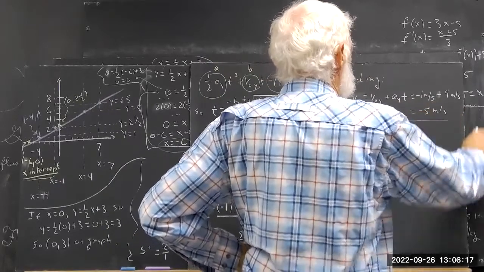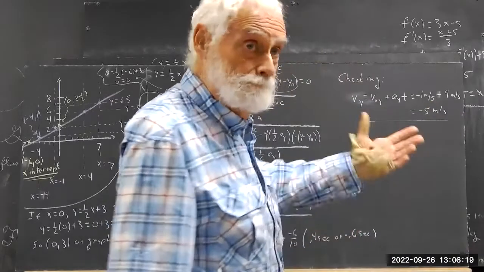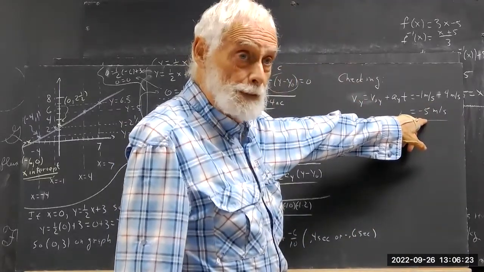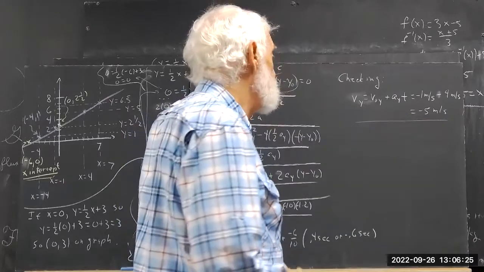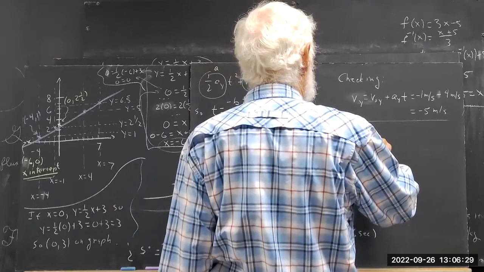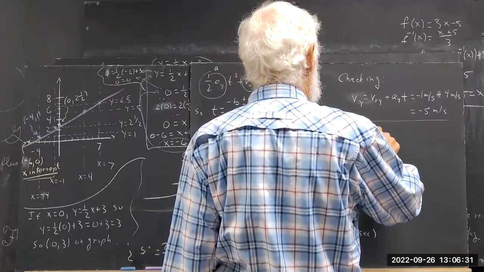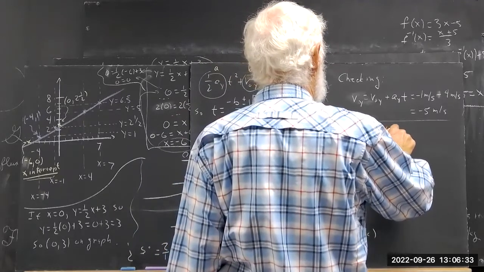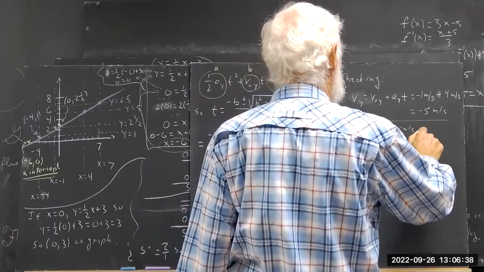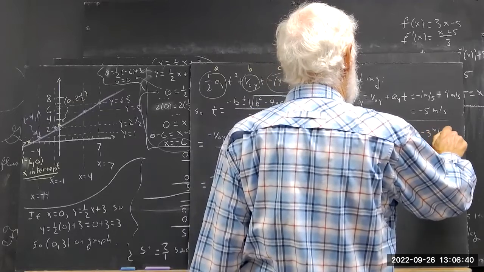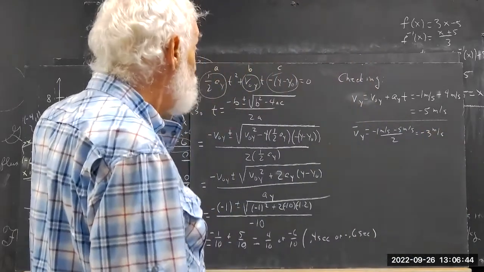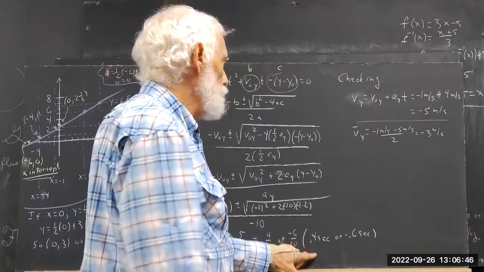So there's our final velocity, and the average velocity is negative 3 meters per second. And of course, the average Y velocity.